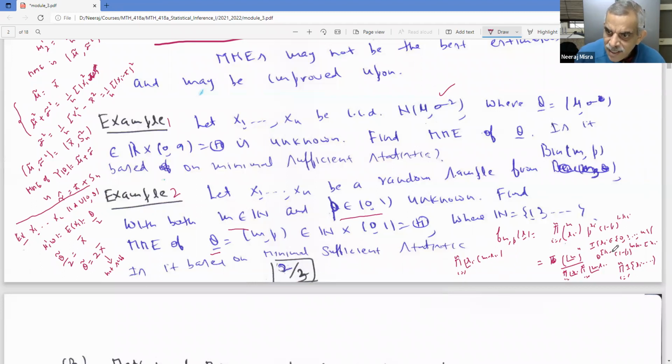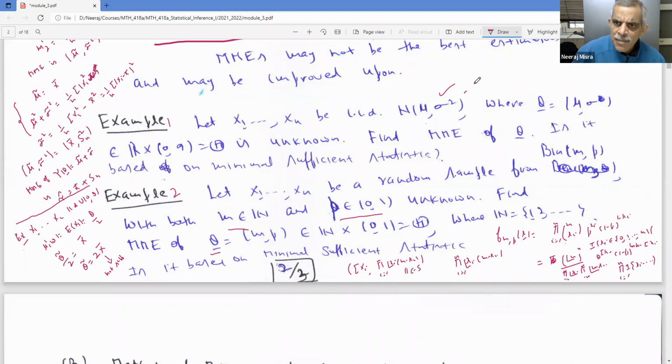So you can use the exponential family result, because you can write this in exponential family form. So your summation xi and product of factorial xi and factorial m minus xi is minimal sufficient. In fact, it is complete sufficient.